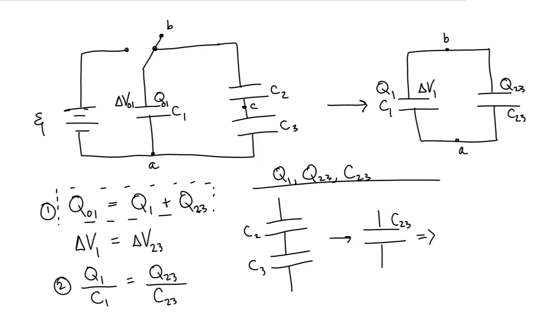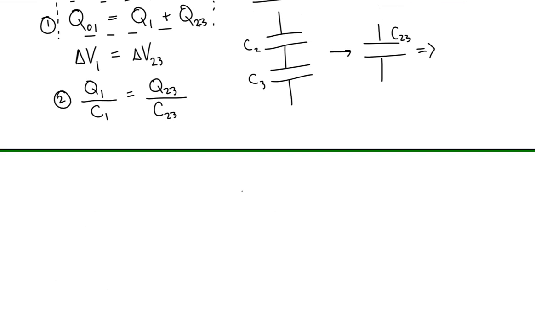So what that means is this: 1 over the equivalent capacitance is equal to 1 over C2 plus 1 over C3.